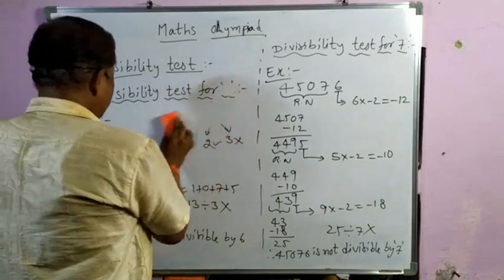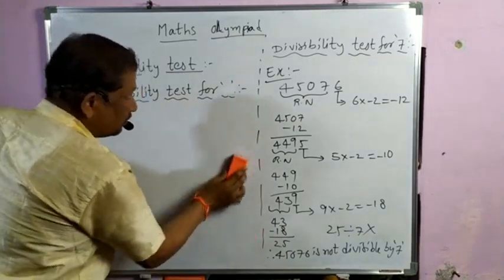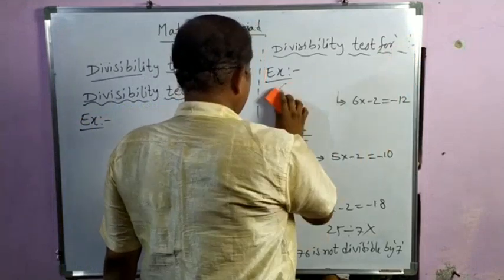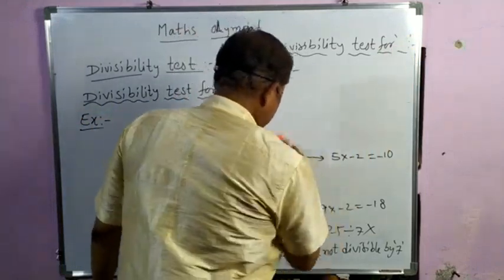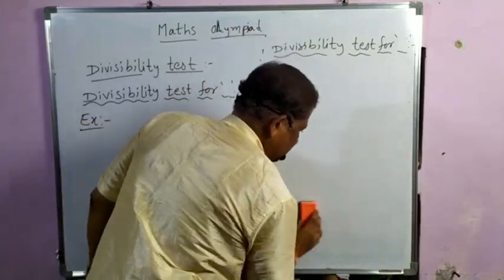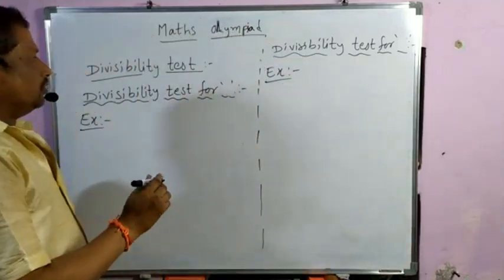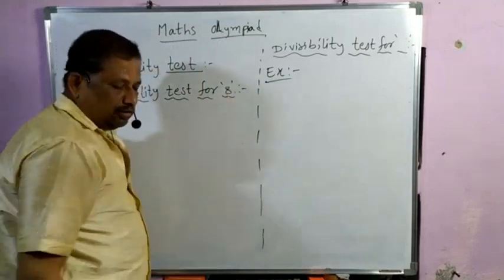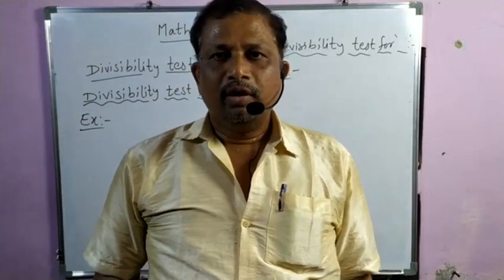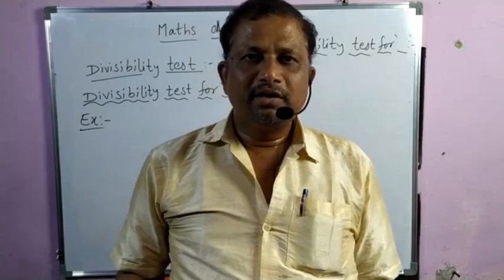What is the divisibility test for 8? Divisibility rule for 8: in a given number, if the last 3 digits are divisible by 8, then the given number is divisible by 8.